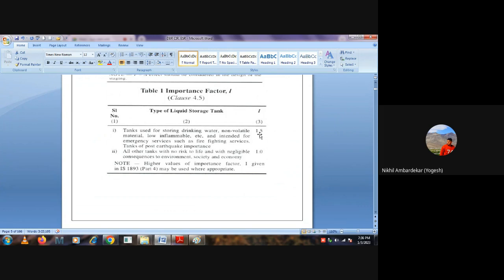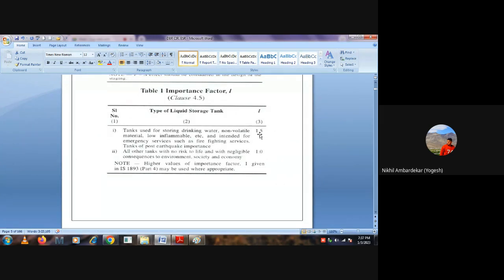Except this, all other tanks with no risk to life, with negligible consequences to the environment, society and economy, can be considered as 1. It does not make much difference: if this tank of mine breaks, there will be no problem to the water system in my society, and even if it falls, there will not be any immediate impact on human life.